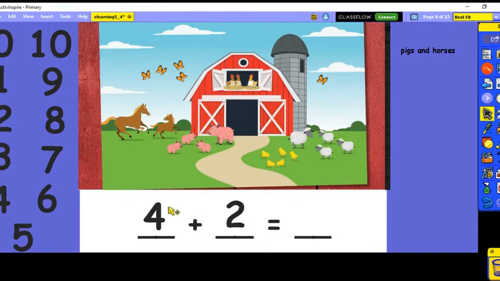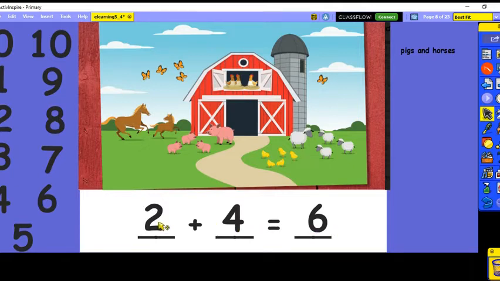So let's count both the pigs and the horses in total. So 4, 5, 6. 4 plus 2 equals 6. Now, if we're doing a related fact, we could count the horses first if we wanted to and do 2 plus 4 equals 6.